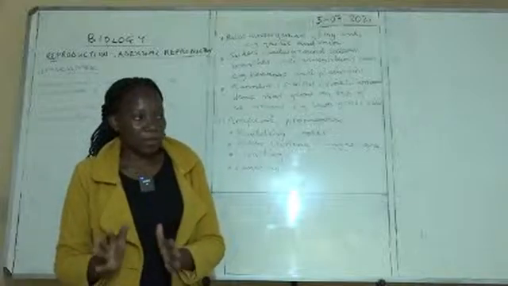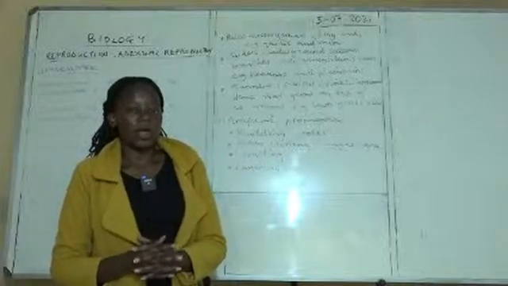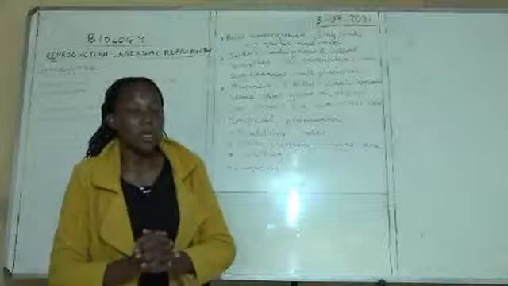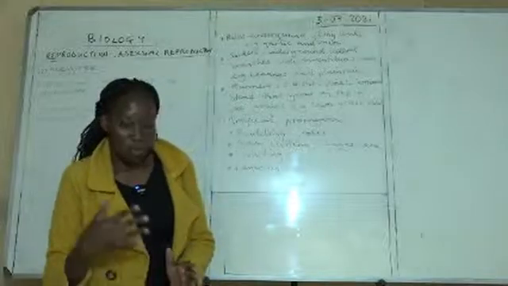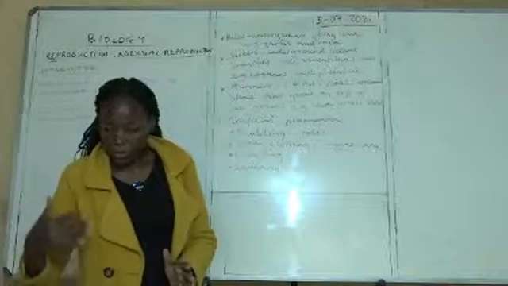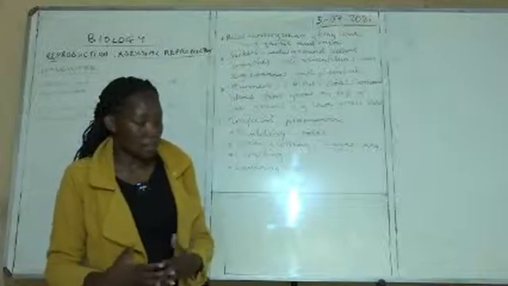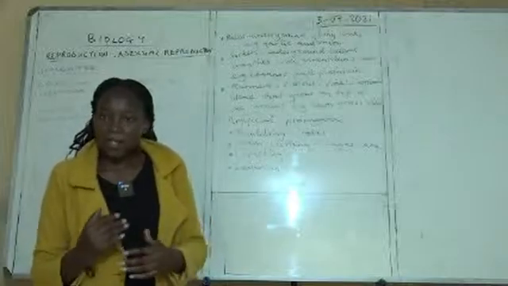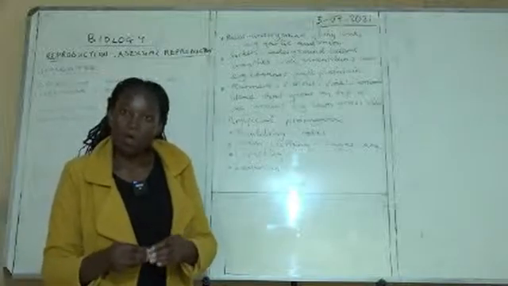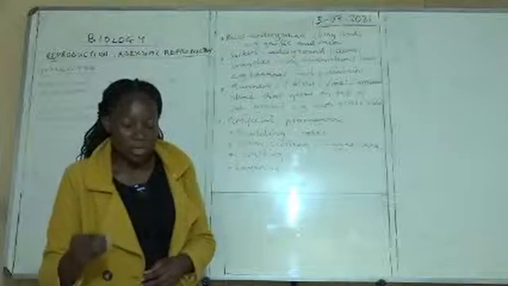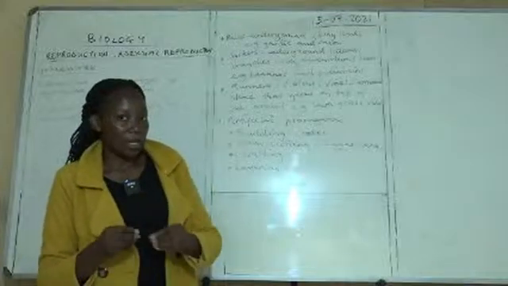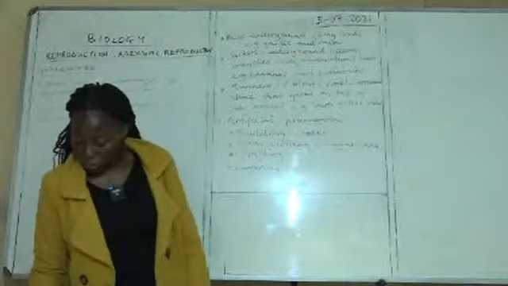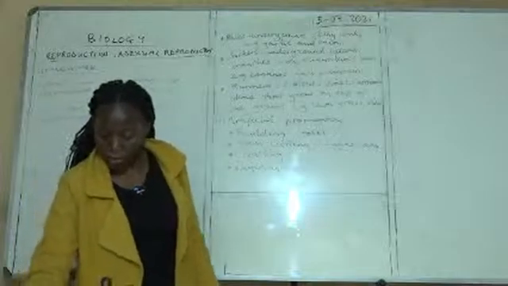So from the term flowering plant, you should look at which organ in a flowering plant is able to reproduce a new cell, and that is the flower itself. So look at the structure of a flower and the parts of that flower which produce a new cell. That is where you can link the topic to.